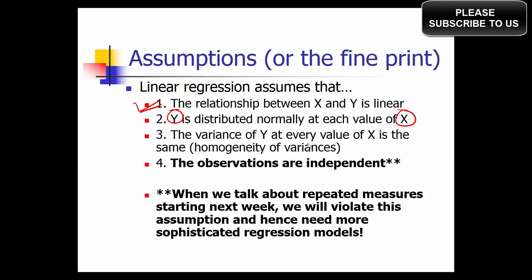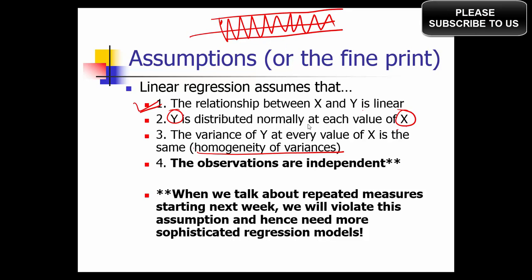The variance of y at each value of x is the same, or homogeneity of variance. That means the variance should be constant. If the variation is different at different places of x, then that's a problem, and we call that the problem of heteroscedasticity. The observations are independent, or in technical terms we call that IID, independently and identically distributed.